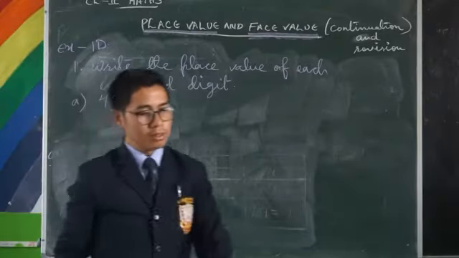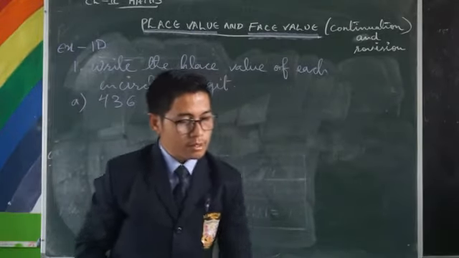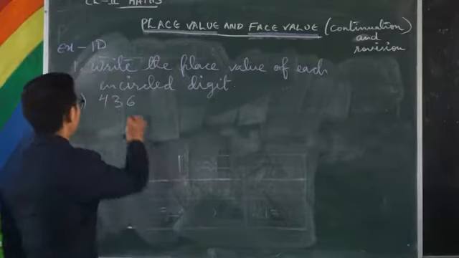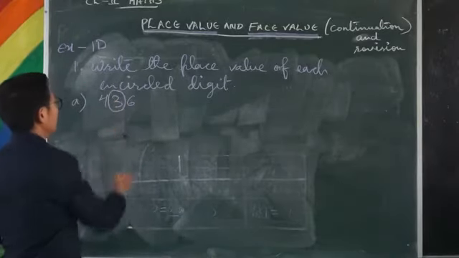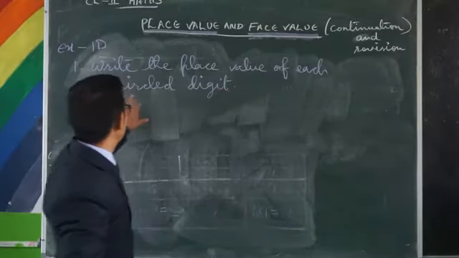The digit which has been encircled is 3. Now you need to find the place value of 3.